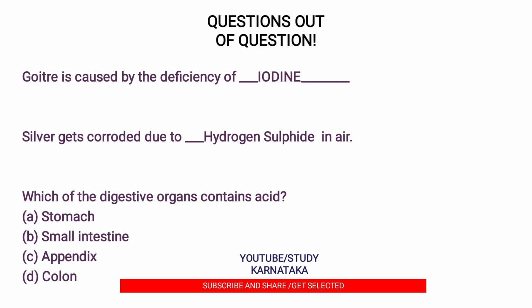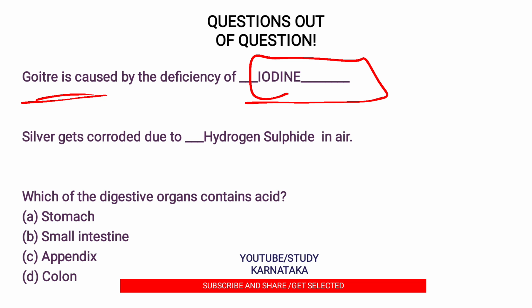We call it question out of the question. Goiter is caused by deficiency of, one line question, it's iodine. Due to iodine deficiency, the disease that is caused is called goiter. Next, silver gets corroded due to hydrogen sulfide in the air.